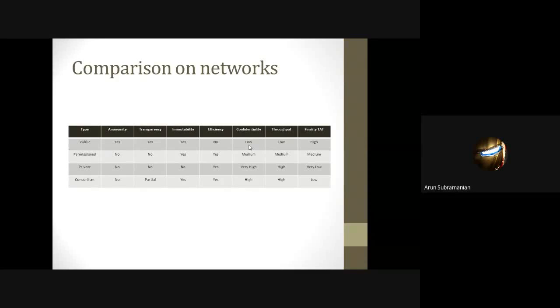So hope you have got some good idea about the different networks and particularly how the Bitcoin network works. You might have got the idea about how the GST blockchain is going to happen and how organizations are going to transform their business using private blockchain.